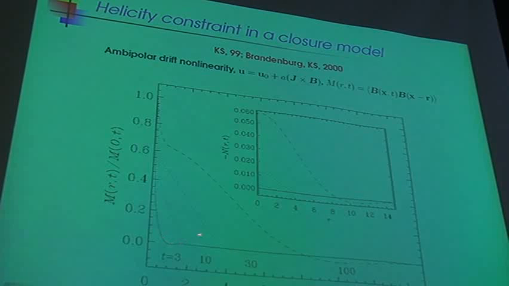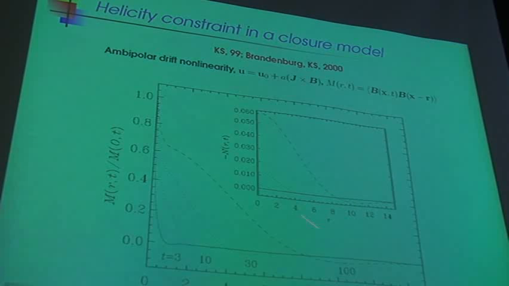First you get magnetic correlations only on the scale of the forcing. As you wait for longer and longer time, the magnetic correlation function has a peak here, which is due to the scale of the forcing, but it spreads out in scale. That means the field gets correlated on larger and larger scales as you watch it in time.